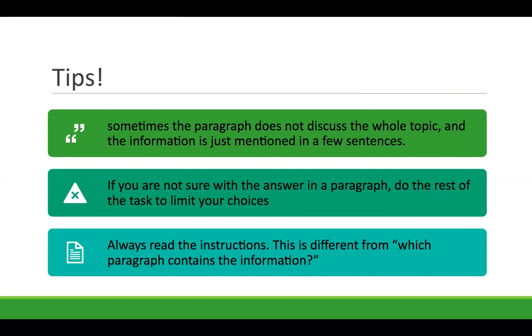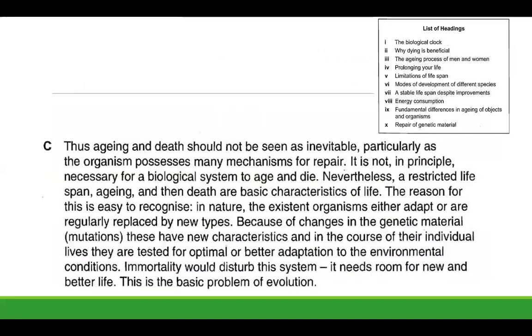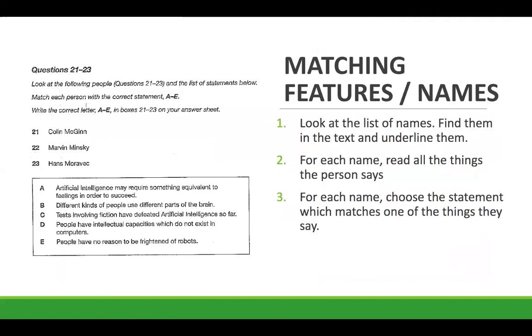Start with the easy ones. The remaining ones would probably be easier to identify because you will have fewer choices left. So, use the easy ones first. Always read the instructions. This is different from which paragraph contains the information. So, here are the practices that you could work with.